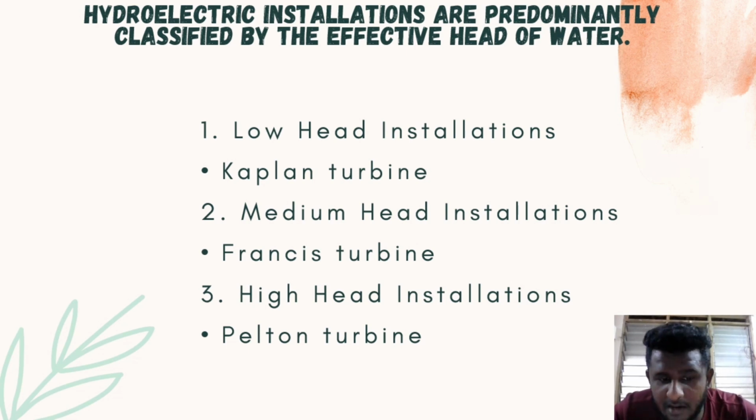So now I'm going to explain about the Pelton turbine, a type of turbine that is commonly used in high head installation due to its ability to handle high head of water. The suitable turbine runner for this type of installation will be a Pelton runner.